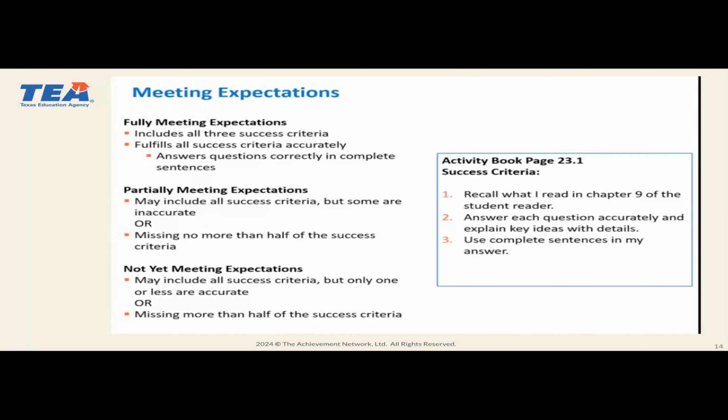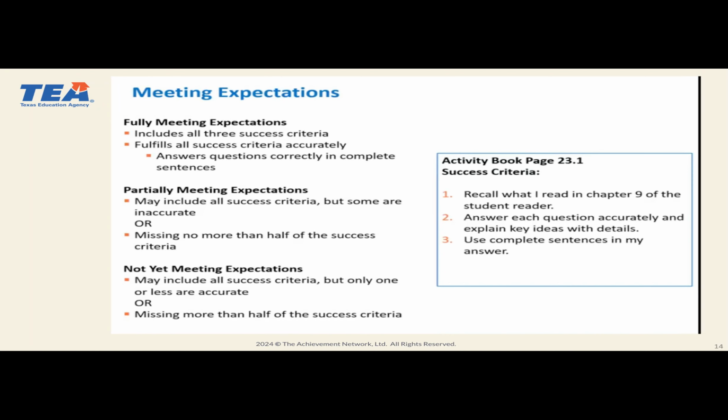Now, success criteria 1 and 2 directly connect to, are students able to comprehend this text? And step 3 is elaboration or more of your language tasks. Now, on the left side, as a team, after you've identified the success criteria, now you're going to determine as a team, what does it mean now to be partially versus not yet meeting?